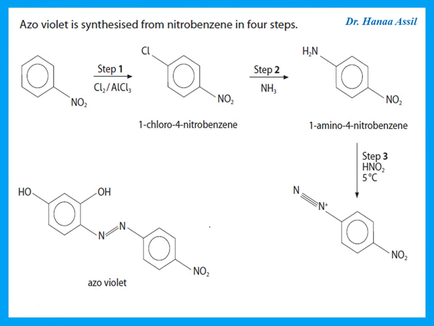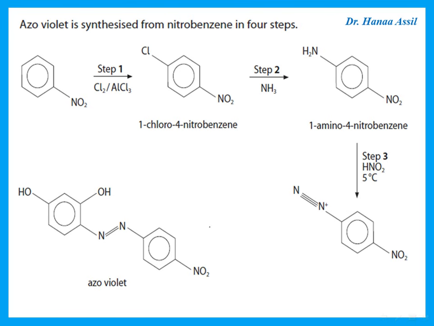Then what? Then I can change that amine group into the diazonium salt. So we add sodium nitrite in HCl, or we're basically reacting with nitrous acid at low temperature, less than 10 degrees. This gives me the diazonium salt.